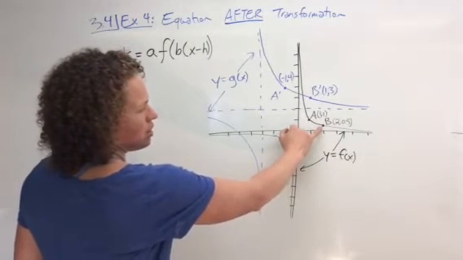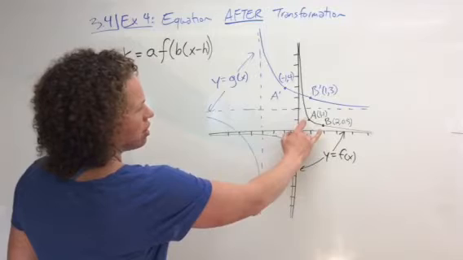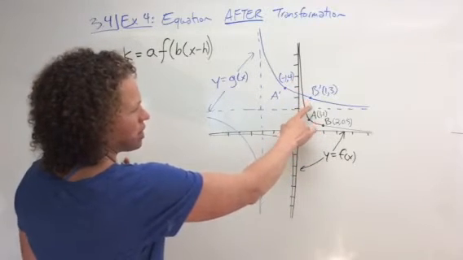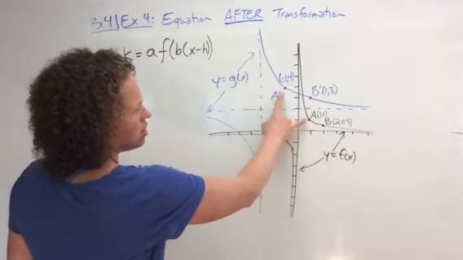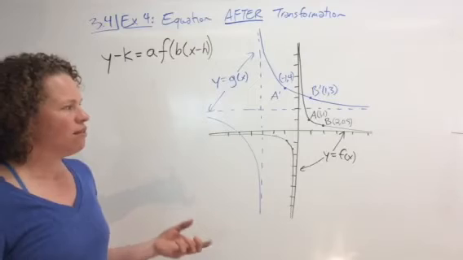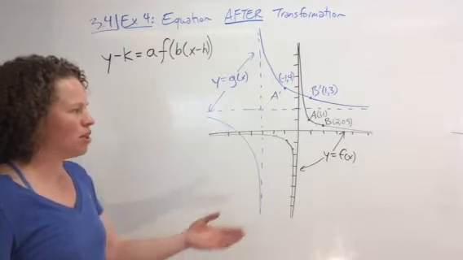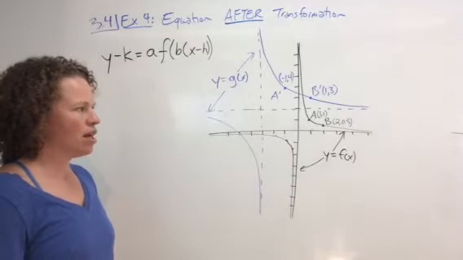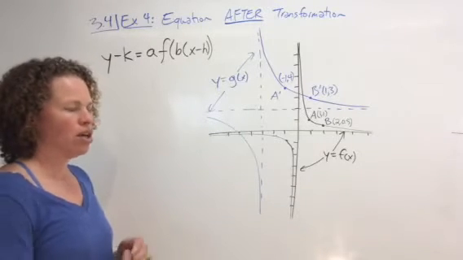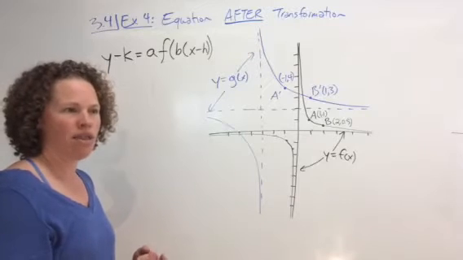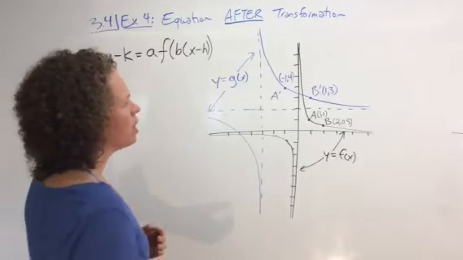And if I put B into the original function, then if I use that value in the second function, it would end up here. So these points correspond. If the distance between A and B on the original function is only 1, then I should be able to tell the horizontal stretch or compression by looking at how that distance changed.